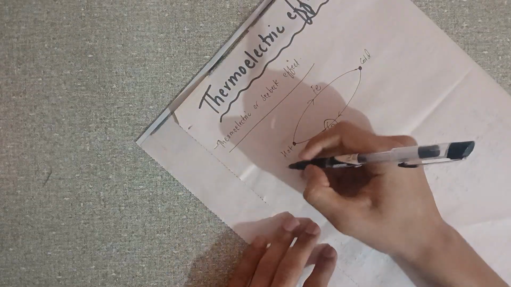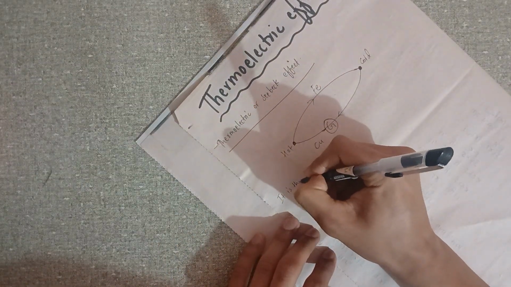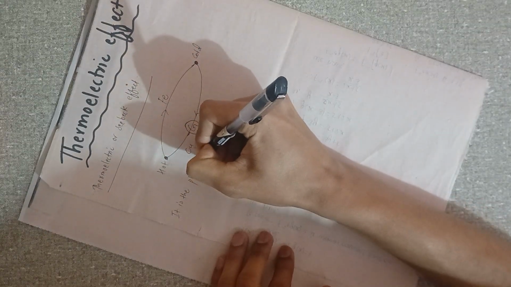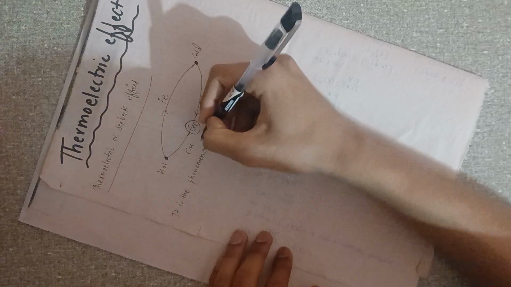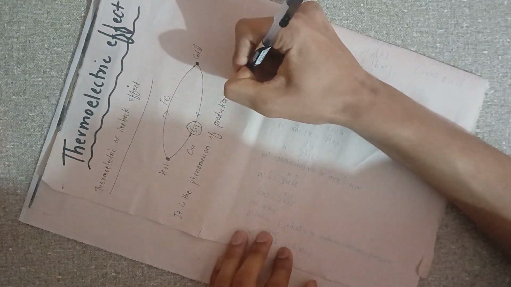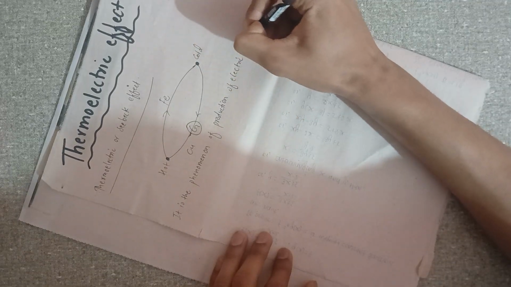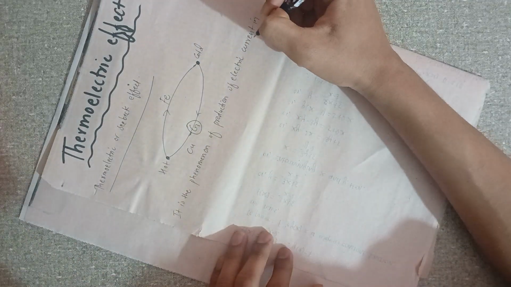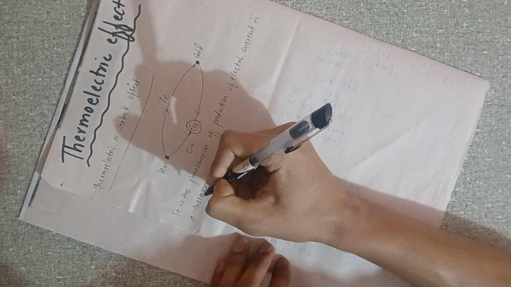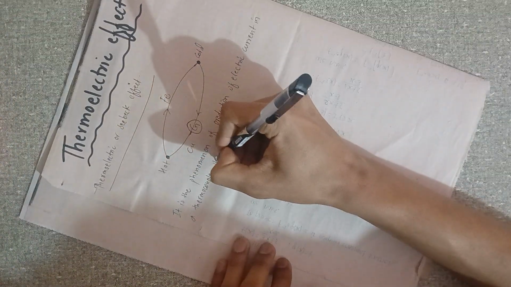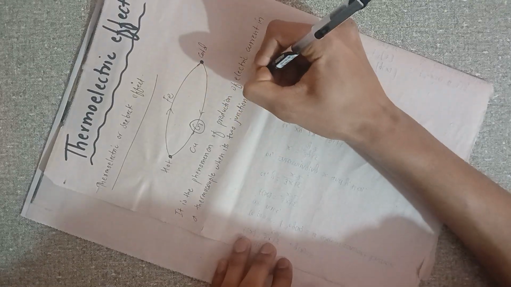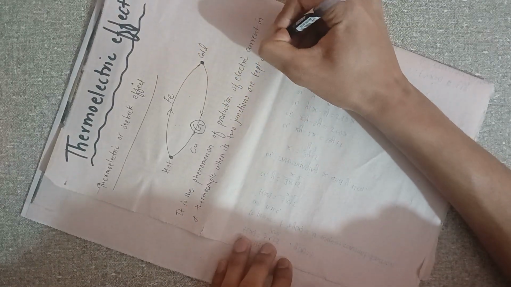So it can be defined as the phenomenon of production of electric current in a thermocouple when its two junctions are kept at different temperatures.